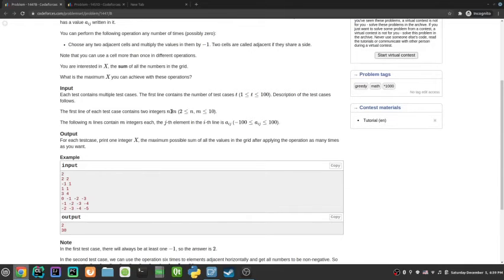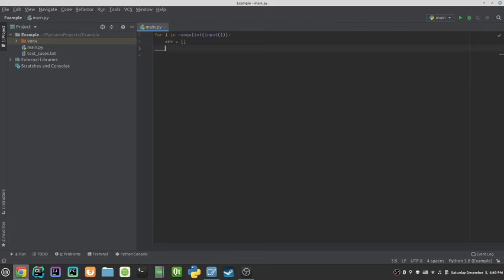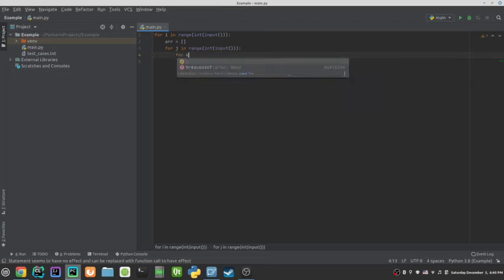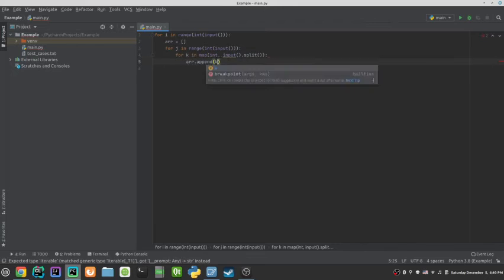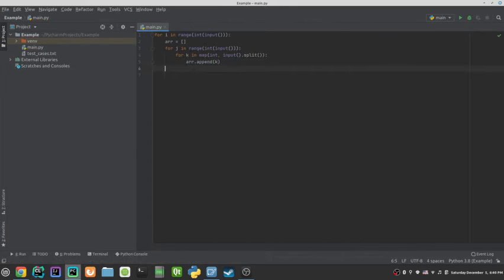And what's that give us? N and M, so n lines contain M numbers each. Okay, so we only need M, which is the number of lines, for the range. And again, we do this. That should give us the array that we need, and then z equals 0.